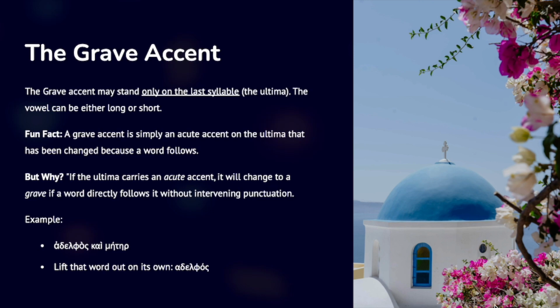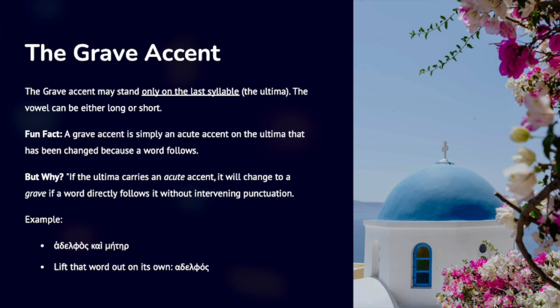And actually, if we're really going to be technical, the grave accent really has no other point of existence. Once the pitch accent went away and we got into just stress accent in the Koine period, the grave accent no longer had a pitch element. Therefore, the only purpose that it served was this very reason.